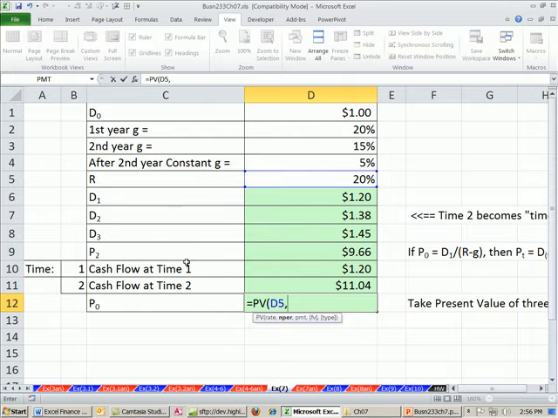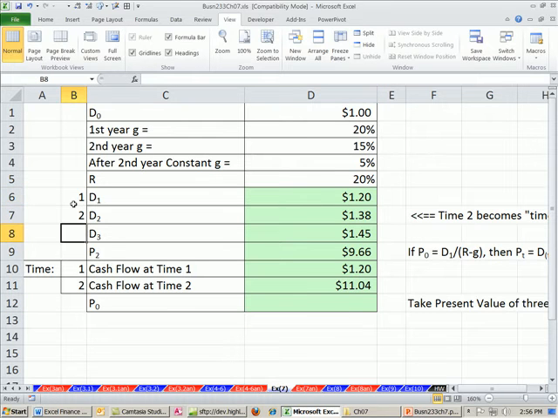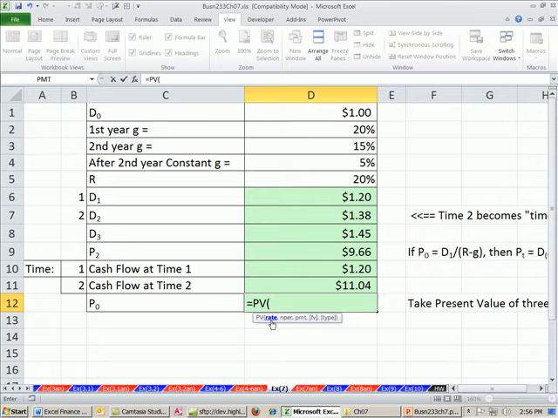I'll put a 1 and a 2 because we're going to need those numbers. Equals present value, the rate, our 20% discount rate, our NPER. For this one it's going to be 1, comma, no payment, but there is a future value, and that's the dividend. So then I close the parentheses, and then plus.